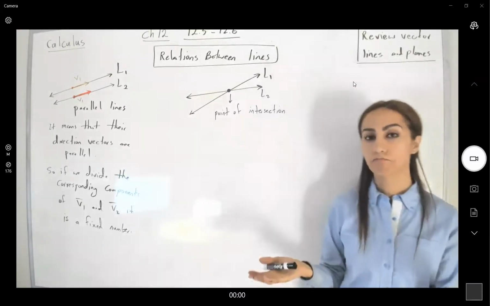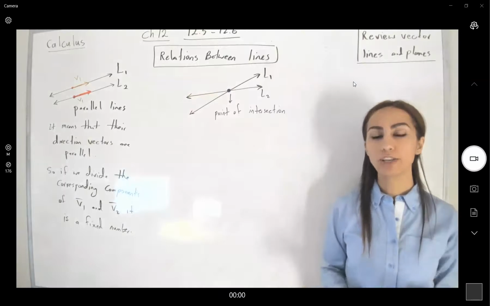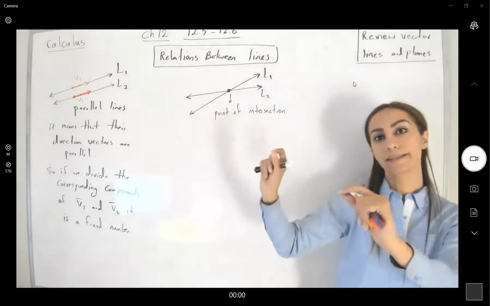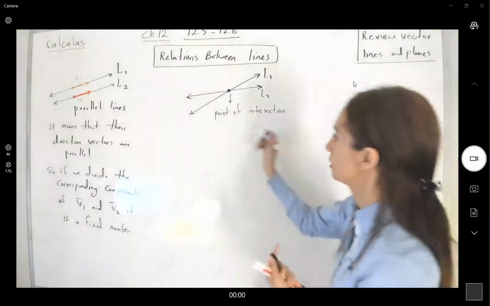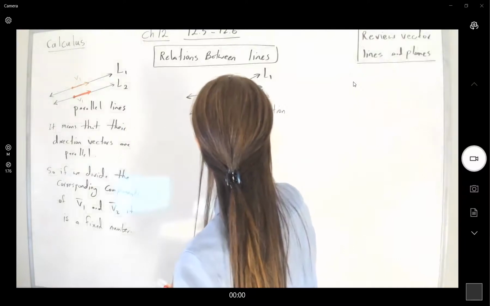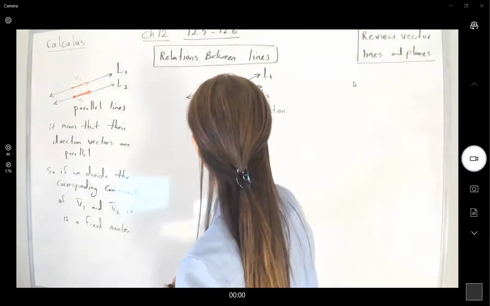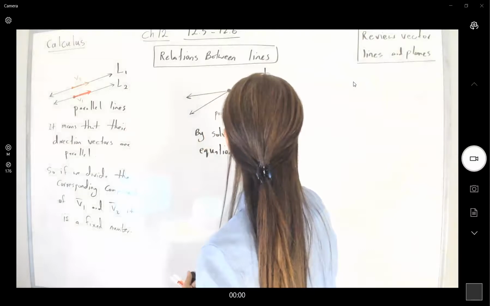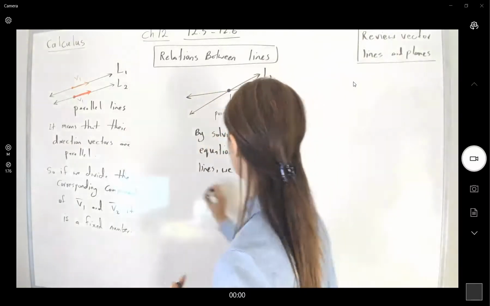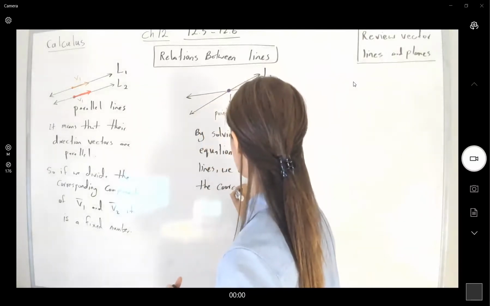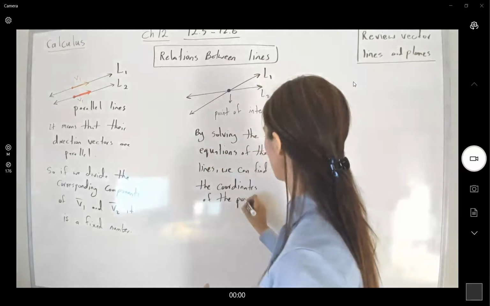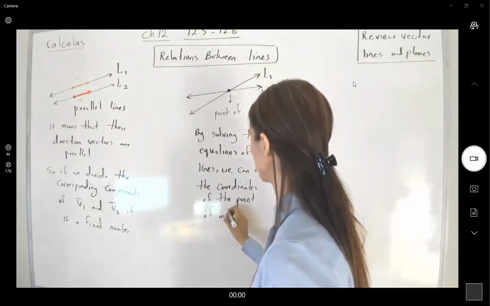It means that if you solve the equations of the lines, we can find the coordinates of the point of intersection.